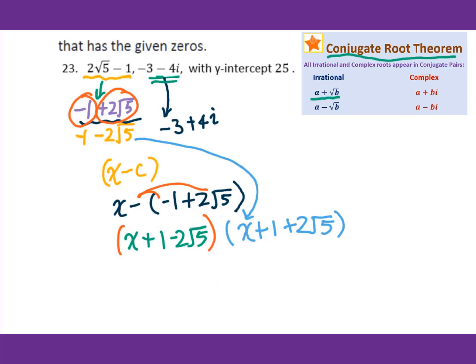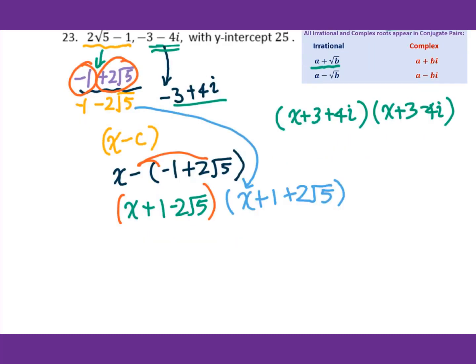For these two complex roots, we can write down the factor form. That will be x plus 3 plus 4i times x plus 3 minus 4i. And we have to do the FOIL for these. You will get x squared plus x plus 2 square root of 5x.